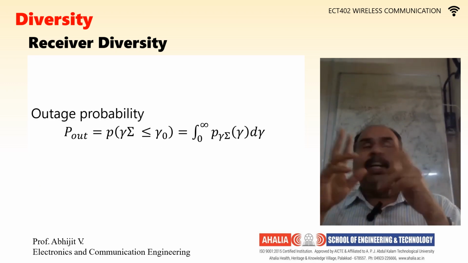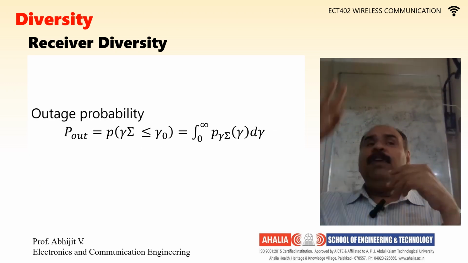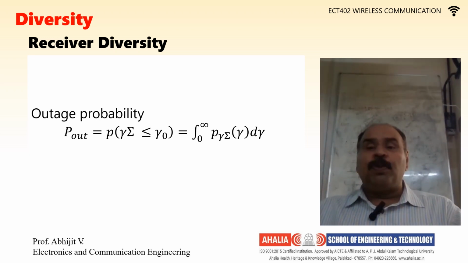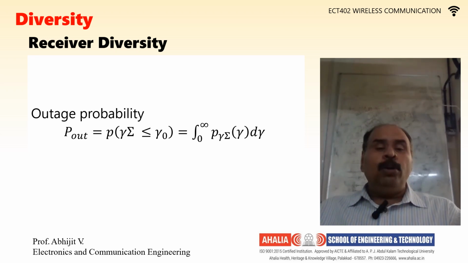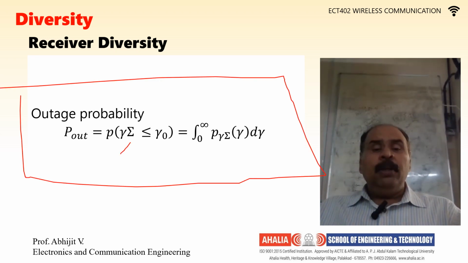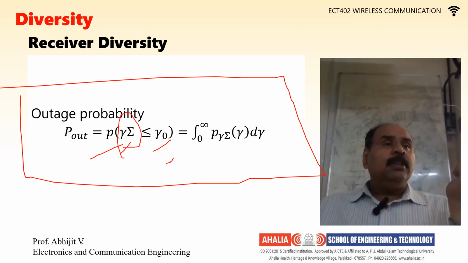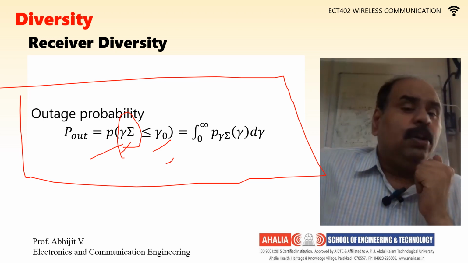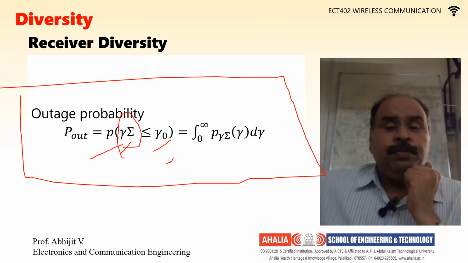Outage probability, second definition. We have seen two factors, right? One is called PS, the other one is outage probability. Outage probability is defined very simply. P out is the probability that the combiner output SNR is less than or equal to the threshold value gamma naught.